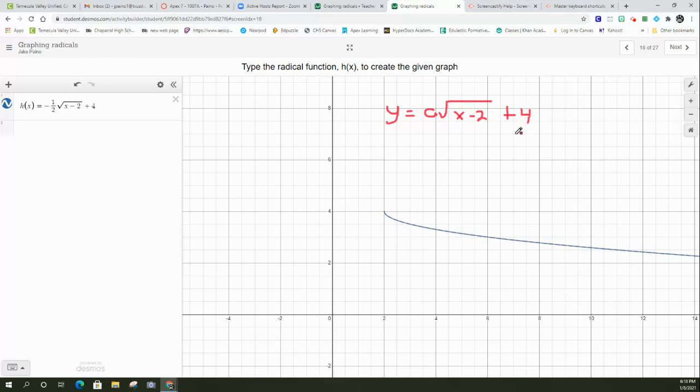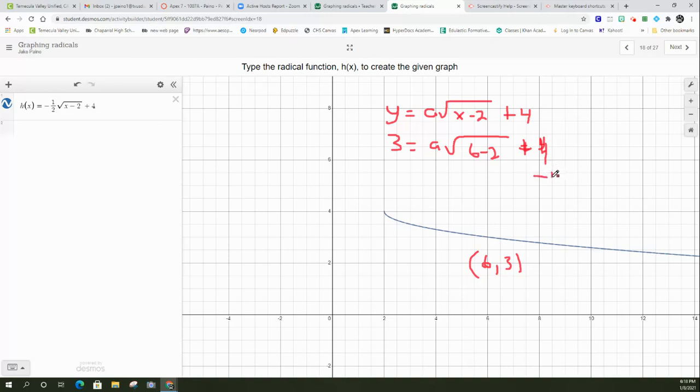If I pick another point, not the critical point, but this point right here, which is the point (6, 3), and I plug that into x and y. So y is 3, so I go 3 equals a square root of 6 minus 2 plus 4. That's a plus sign. I should be able to solve this for a.